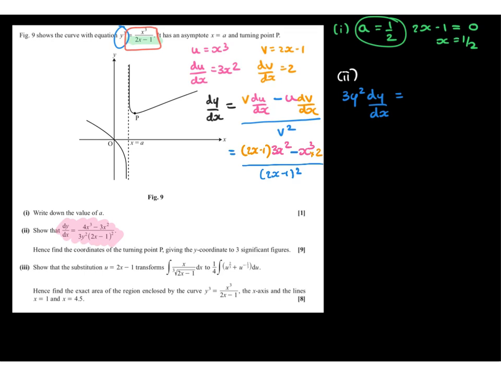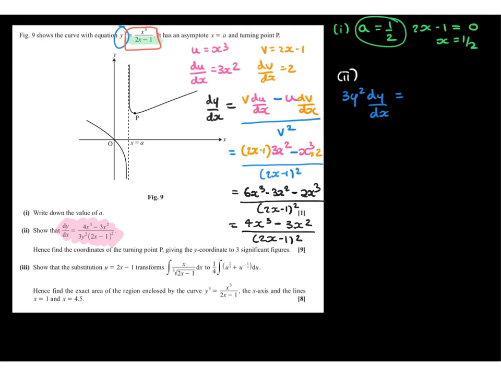Let's tidy up the numerator. So that gives me 6x cubed minus 3x squared minus 2x cubed all over 2x minus 1 squared, which then simplifies to give me 4x cubed minus 3x squared over 2x minus 1 squared.